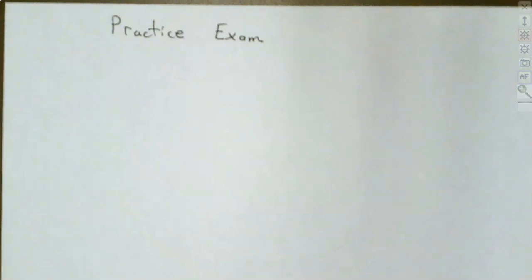So in the back of your packet, you've got that practice exam. Now, by the way, your exam next week is going to have probably 22 questions. You're going to be able to skip 2 of them. So there's 25 questions on this practice exam. If you see it on the practice exam, it's going to be on the real exam. They're just different numbers in a different order.